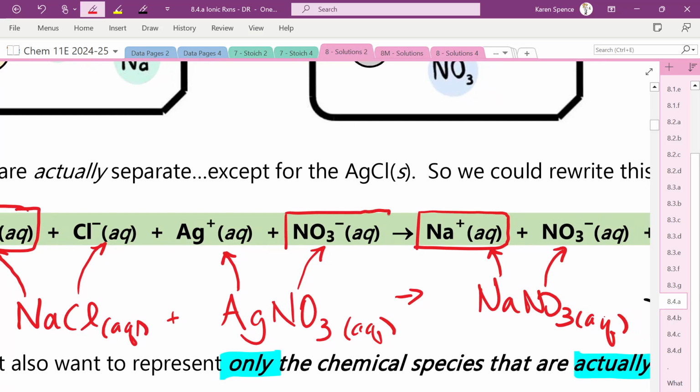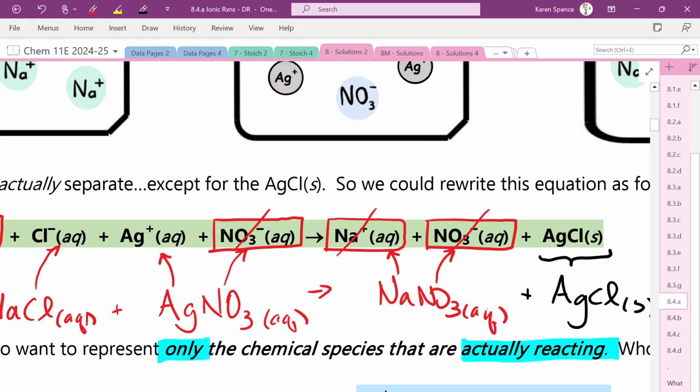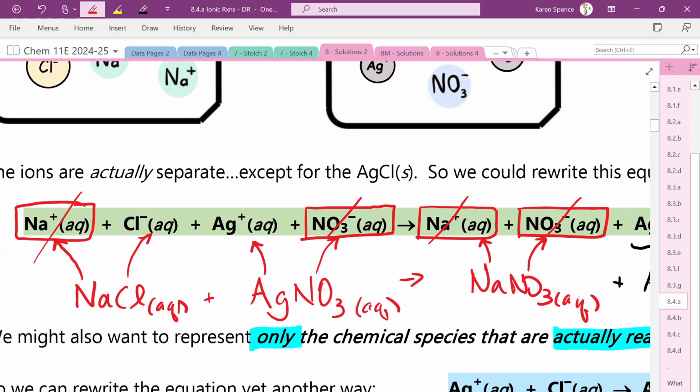NO3 is staying as NO3. Those have not changed. But the silver and the chloride, they change into AgCl solid. So what you can do is you can identify the ions that are not reacting, and you can just cross them out. Just like in math, if you've got something on one side, you can cancel it with something on the other side.